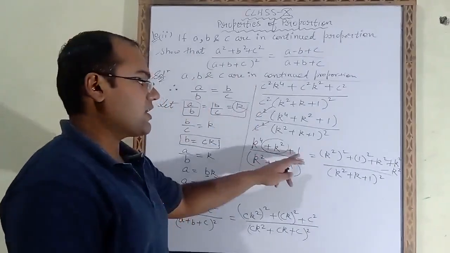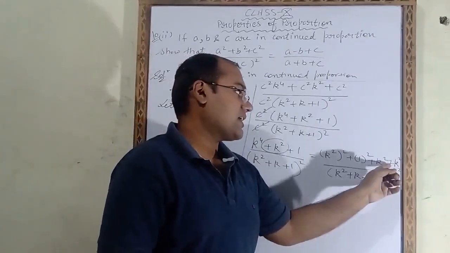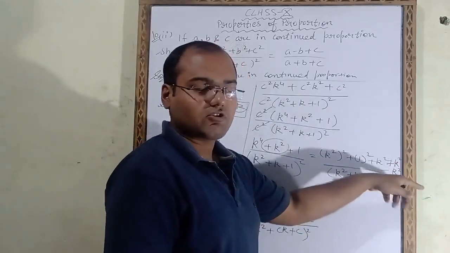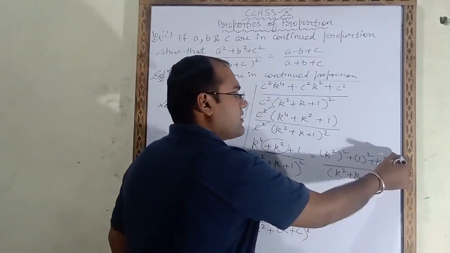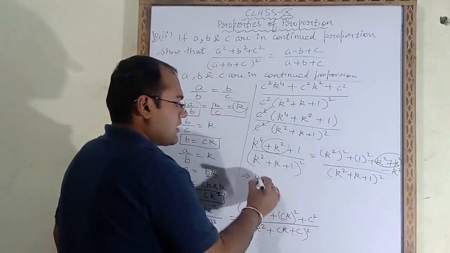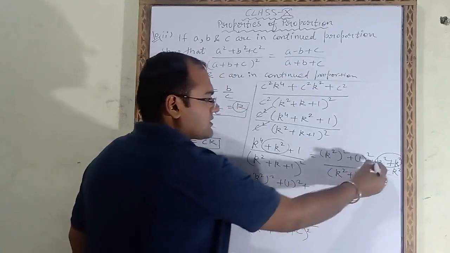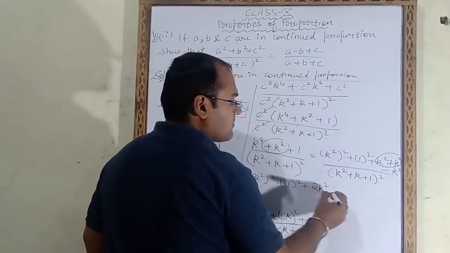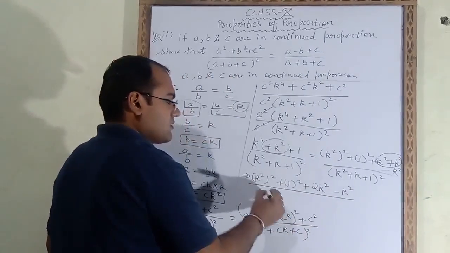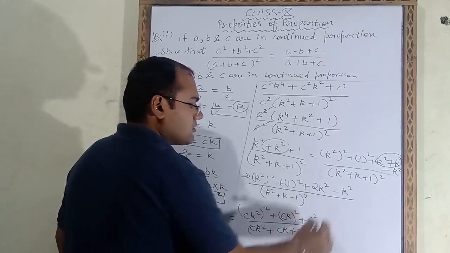So in order to make the formula here, we have to add plus k square, and the rule is that if we add any extra number, we have to subtract it also. So plus k square and minus k square also we will take. Now these two we will add. When we add these two, this will become k square whole square plus 1 whole square plus 2k square minus k square upon k square plus k plus 1 whole square.